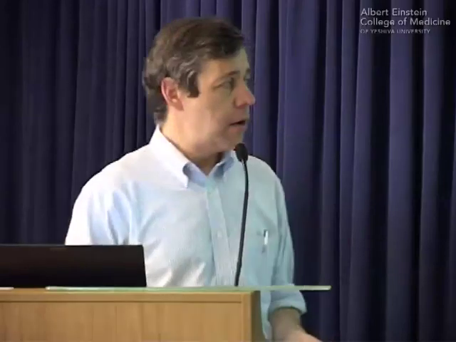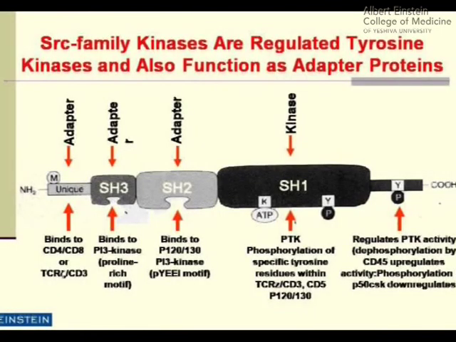Now, this is a cartoon of one of the major kinases that's utilized during T-cell signal transduction. This is called a Src family kinase. It was first described for, obviously, Src, but there's a whole family of kinases that have similar motifs as this paradigmatic Src kinase.